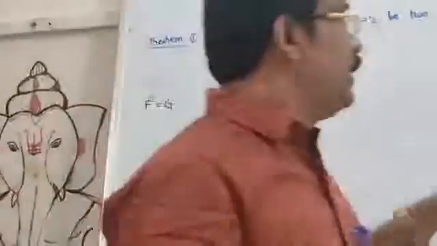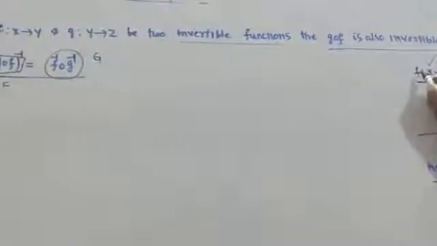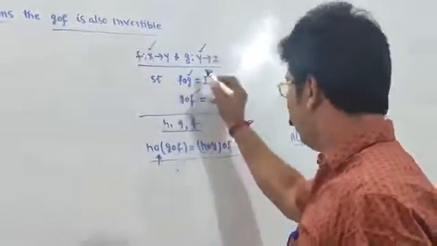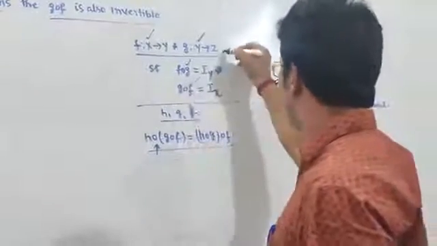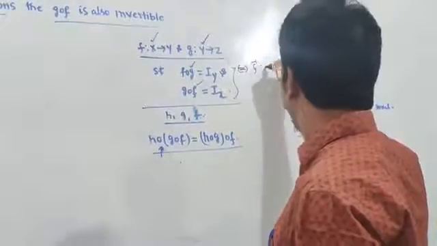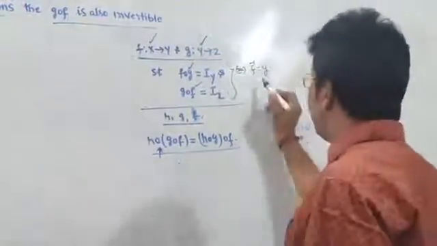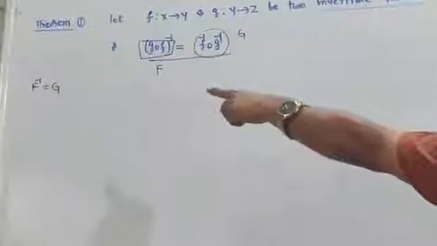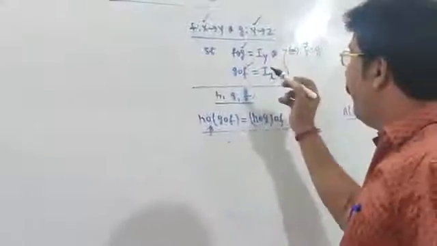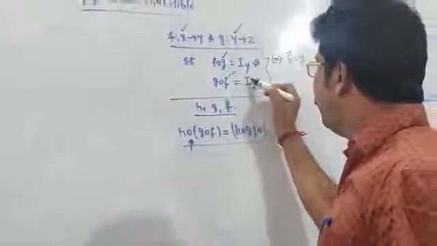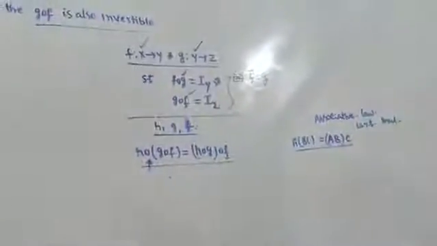If f from X to Y and g from Y to Z satisfy these two conditions, then we say F inverse equals G. Compare this with capital F inverse equals capital G. Then we have to show that F circle G equals I_Y, G circle F equals I_X.